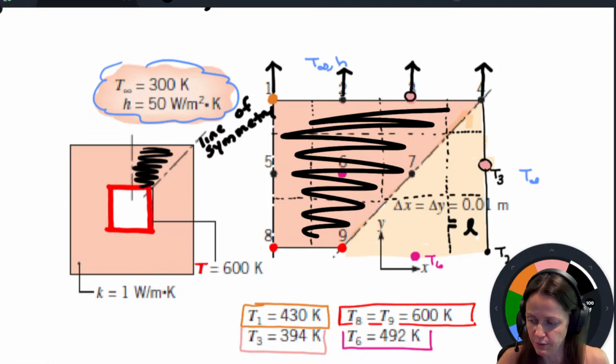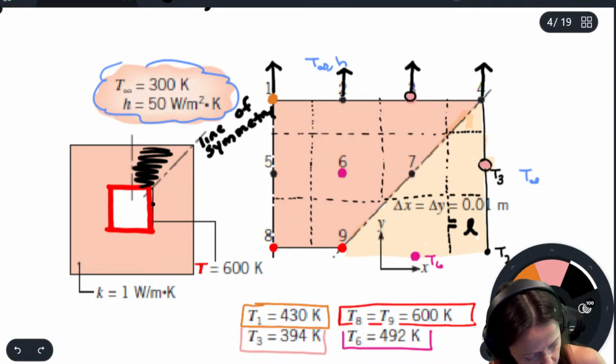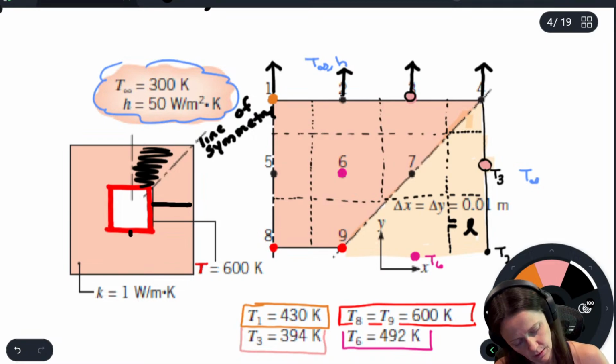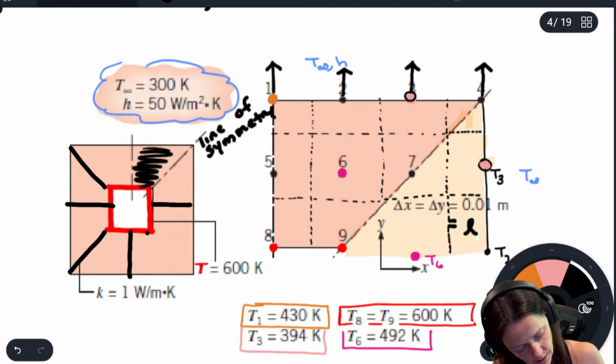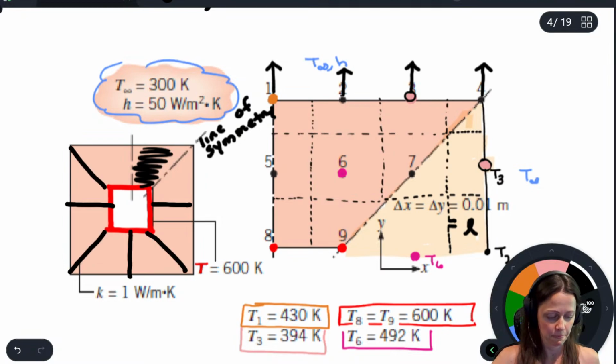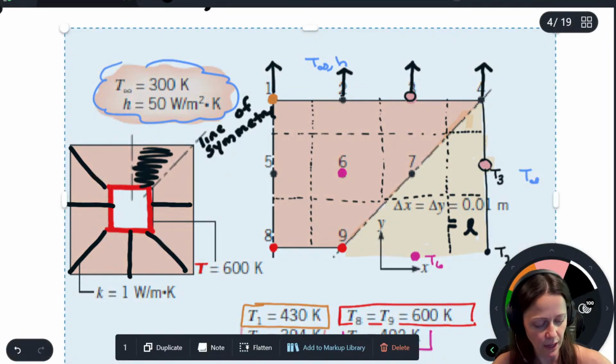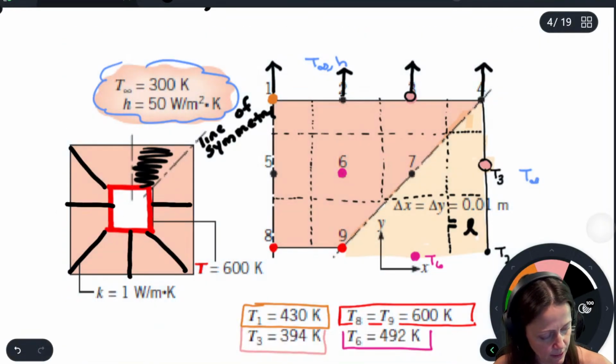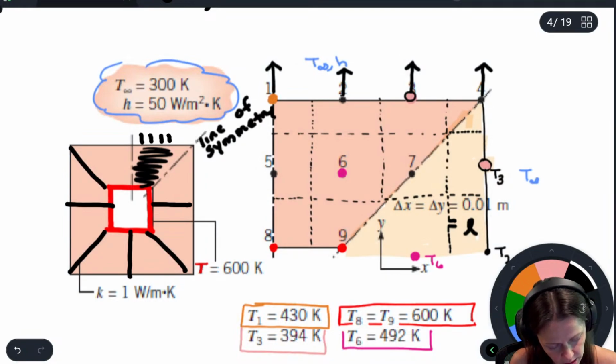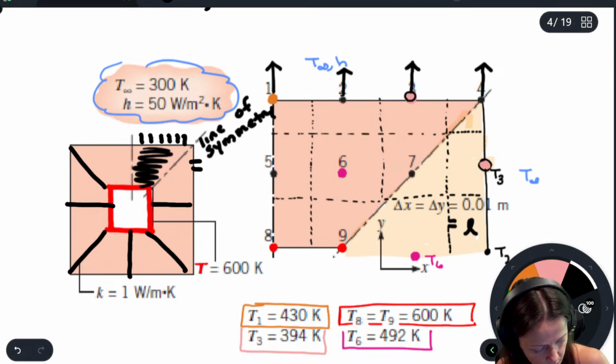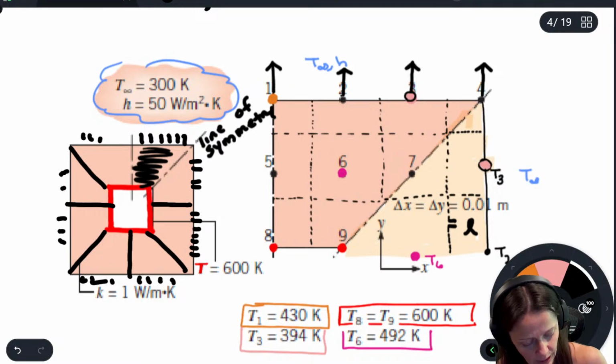You see, you've got 8 of them. So if I figured out the Q coming from the top of this, and then multiply that by 8, because there's 1, 2, 3, 4, 5, 6, 7, 8. You see?